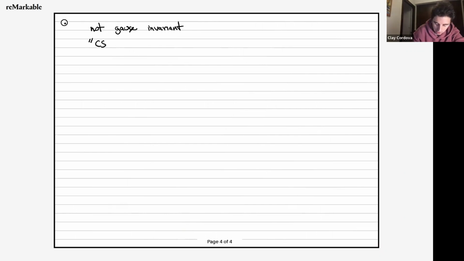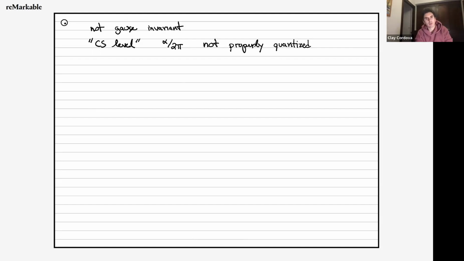The Chern-Simons level is alpha over 2 pi, and this is not properly quantized. That's the root of the gauge non-invariance problem.